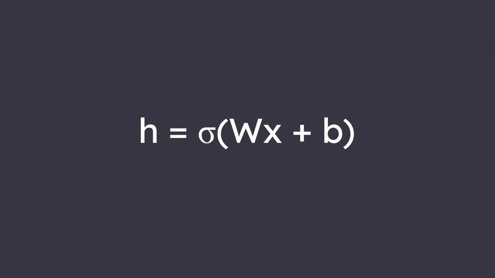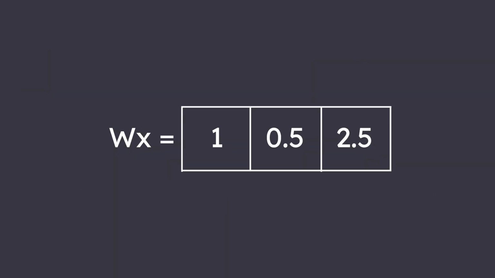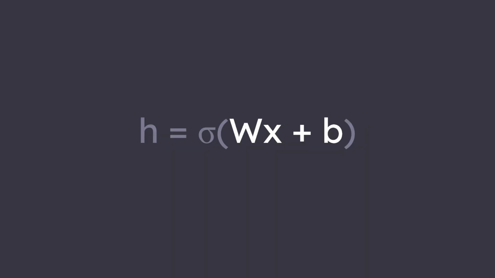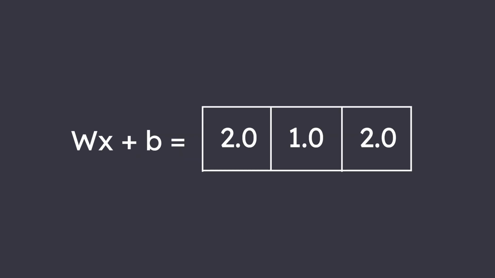We first want to calculate the output of the hidden layer, which is the sigmoid of the weights matrix multiplied with the feature vector x plus the bias. Let's start by matrix multiplying the weights matrix and the feature vector. This gives us a vector of 1, 0.5, and 2.5. Now we want to add the bias, which gives us a vector of 2.0, 1.0, and 2.0.